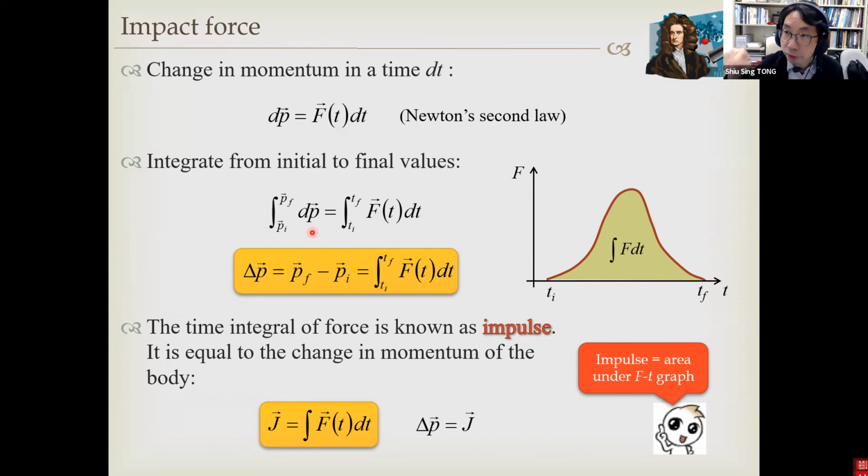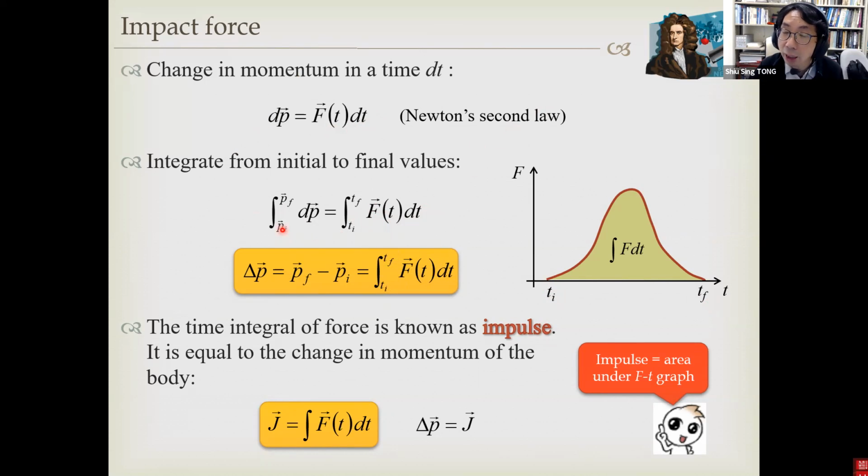Now we integrate over the collision time interval. For example, if the collision starts from time ti and ends at time tf, we can integrate over the times on both sides. And so the right-hand side will consist of an integral of F over the time t from ti to tf.